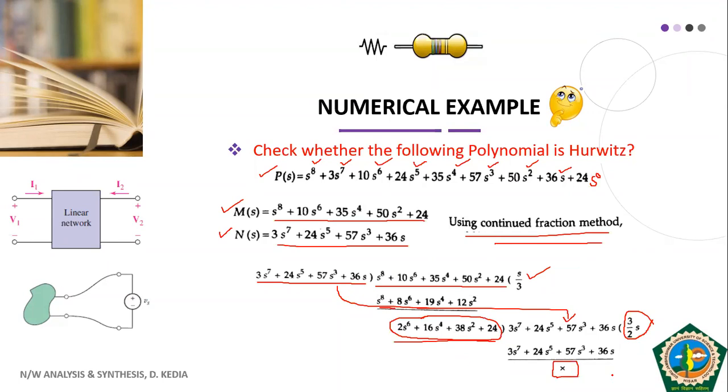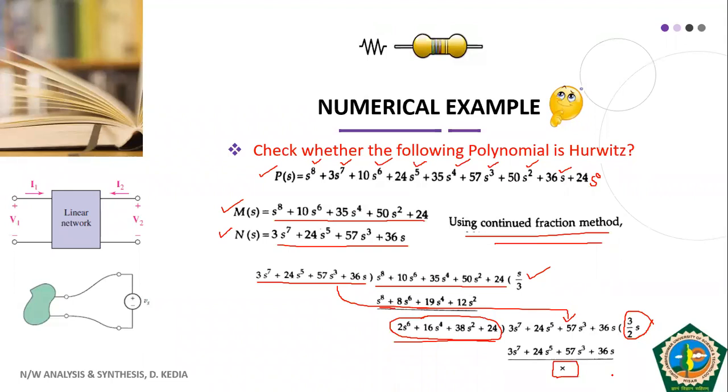So if such a thing happens, what to do? In such cases, the method that we have used for only even polynomial or only odd polynomial will apply here. We will have to apply the derivative.